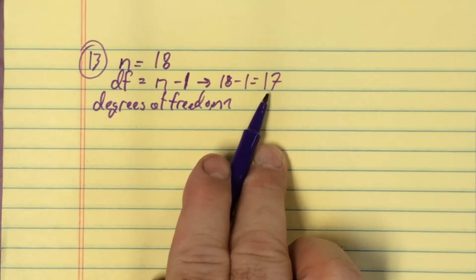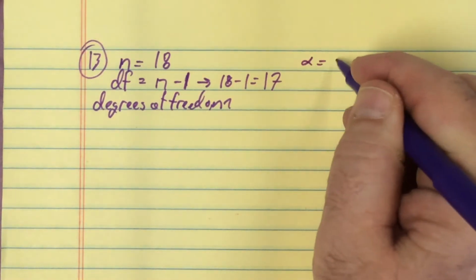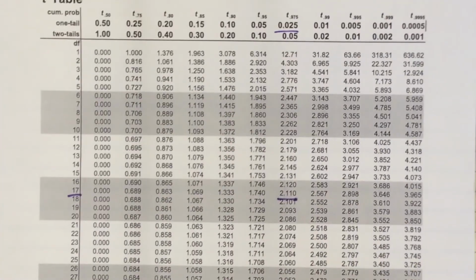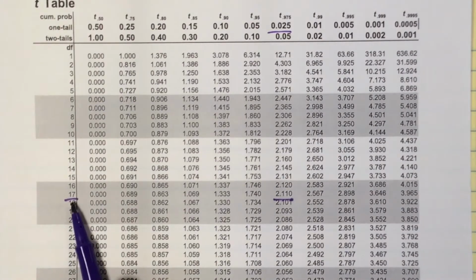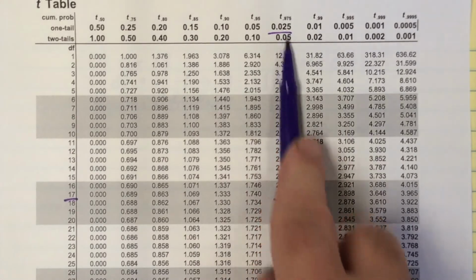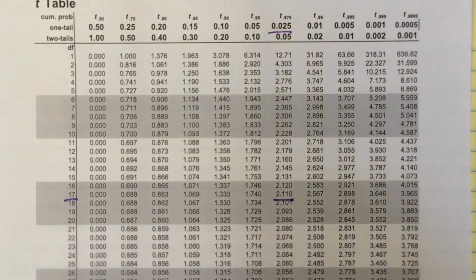Okay, and the other number I want to account for is where alpha is equal to 0.025. So utilizing the table that I provided for you online in the announcement, we find 17 degrees of freedom. We find for a one-tailed test where it is equal to 0.025, and we yield the number 2.11.